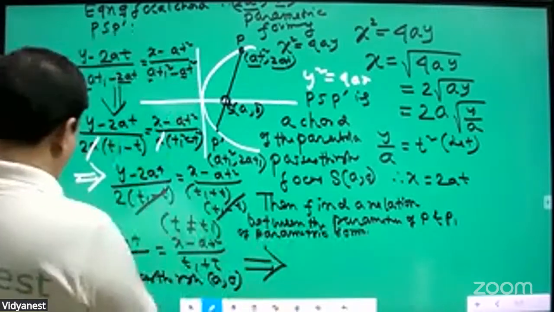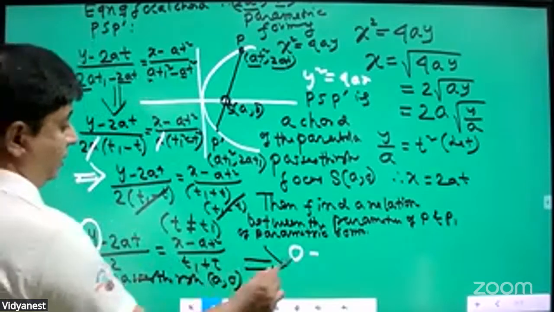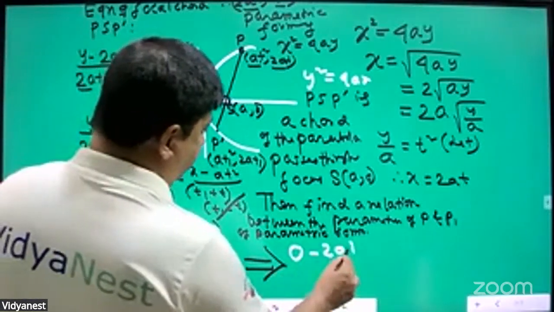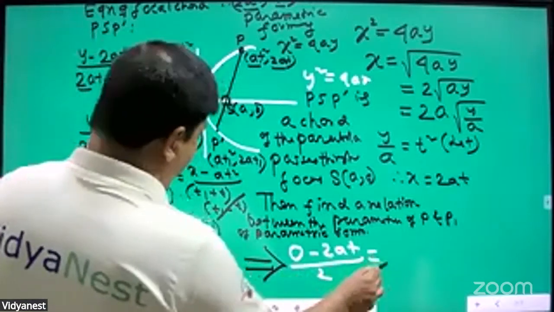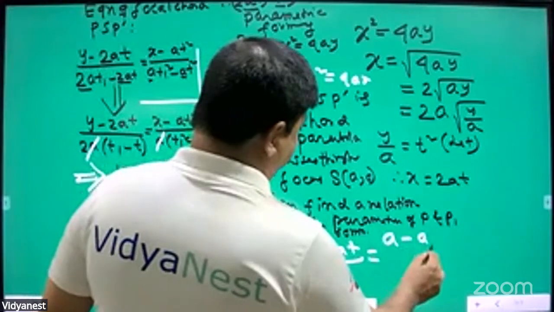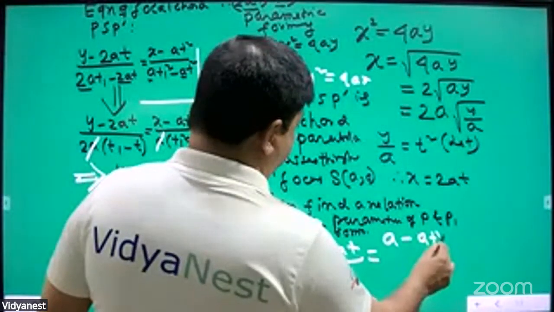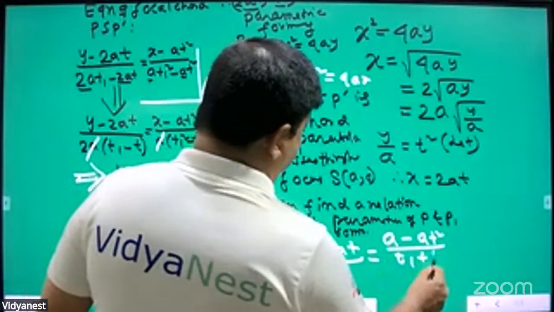Minus 2at will remain unchanged. By this, 2 will remain unchanged. Instead of x, a, and t1 plus t.